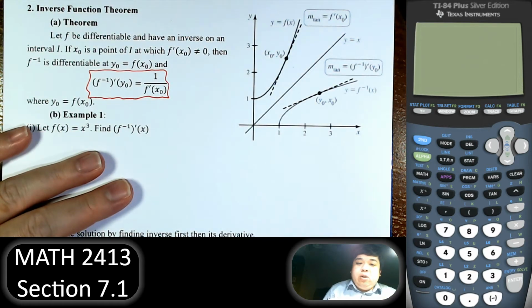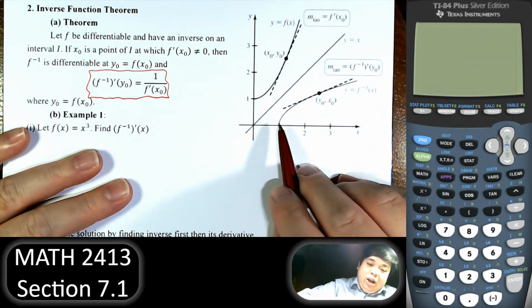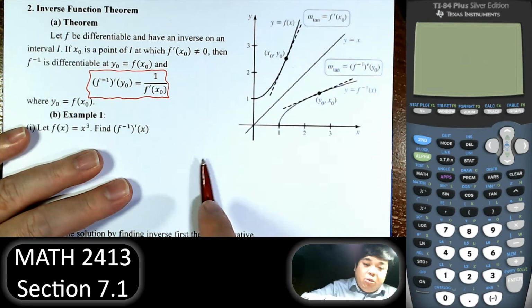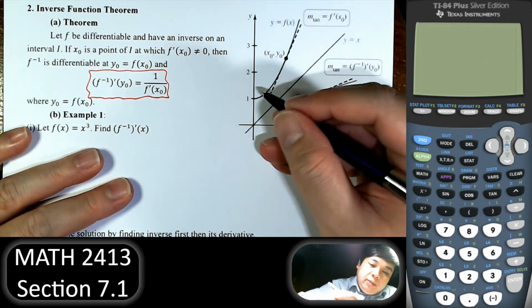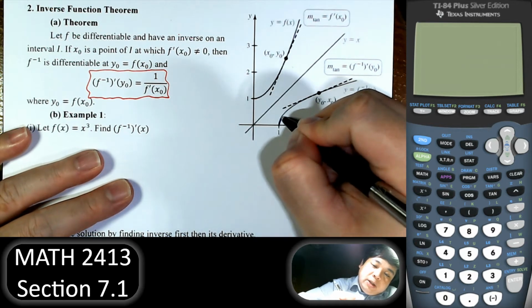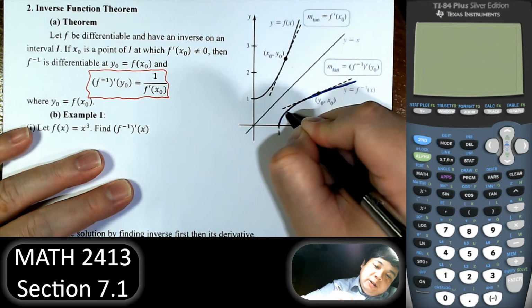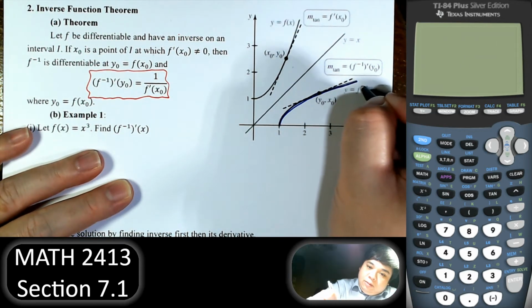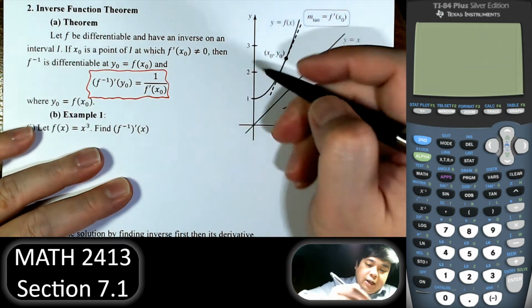Right. So pretty much, if we have the function, let me draw that again. So this is the inverse, and this is the function.